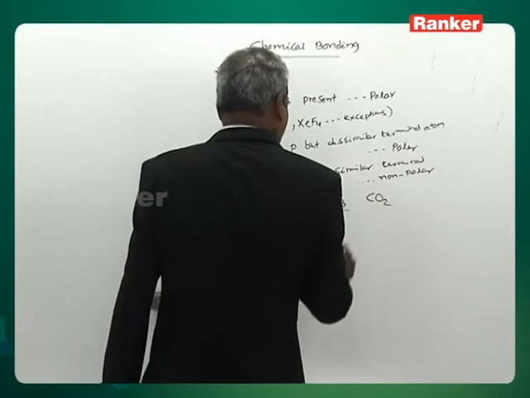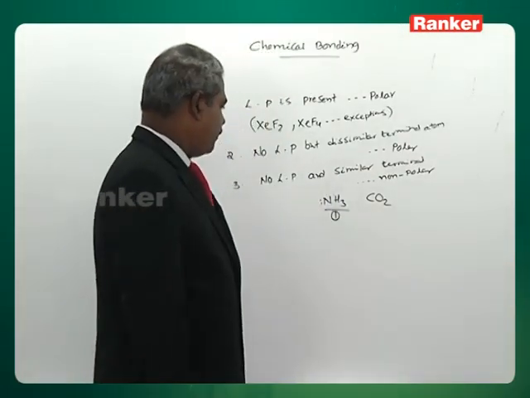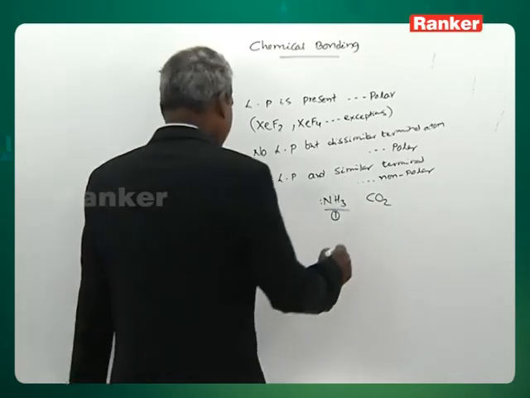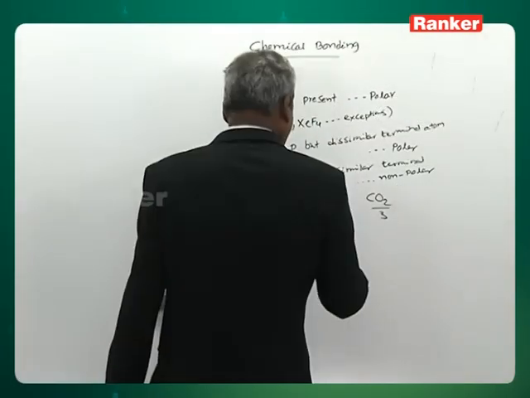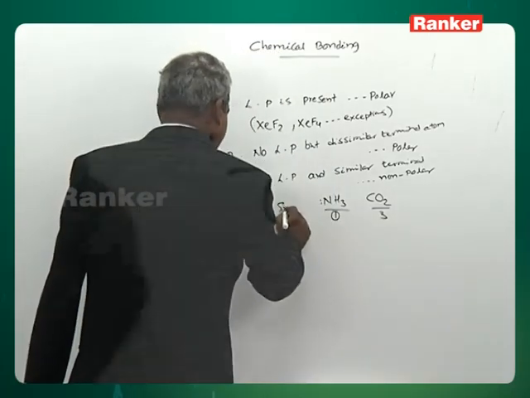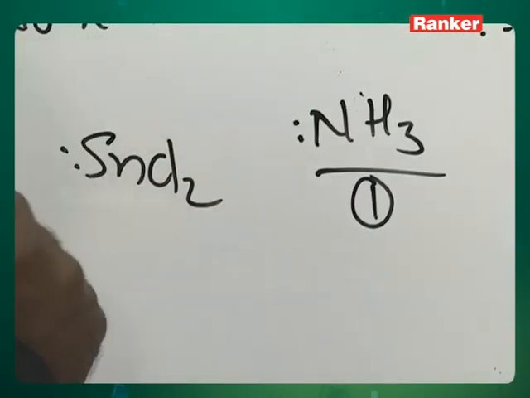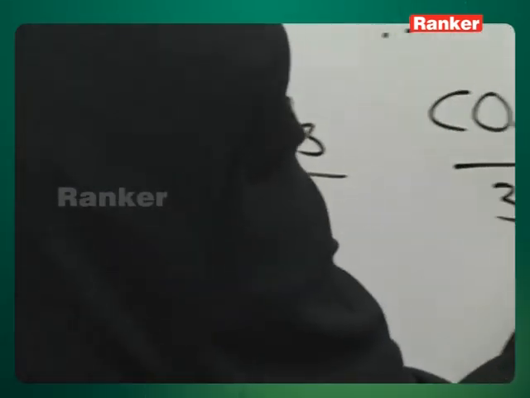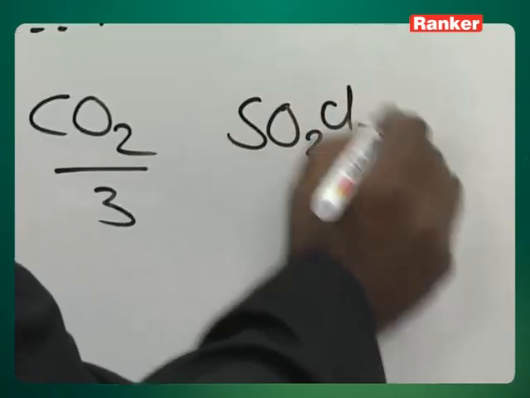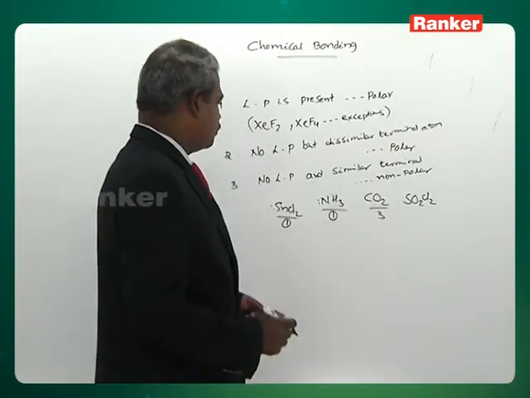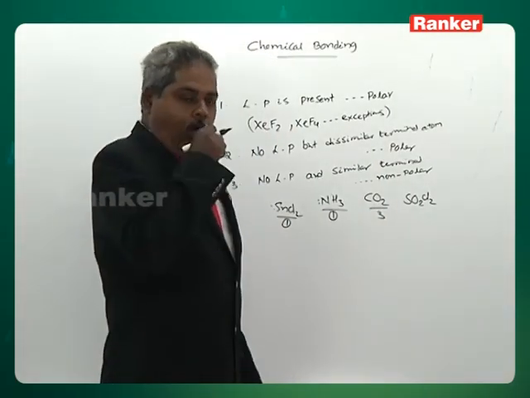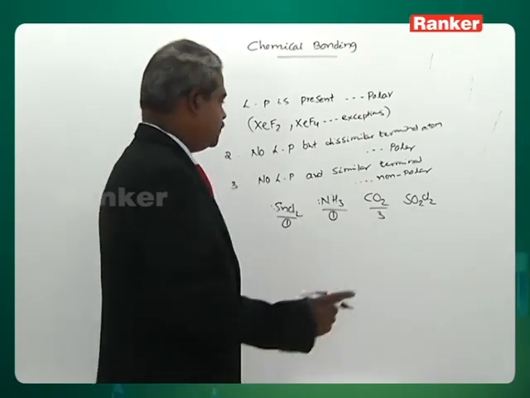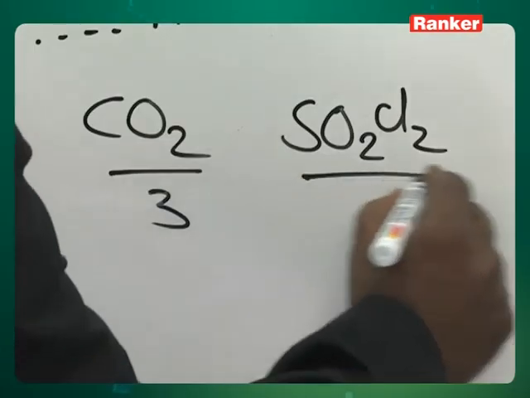CO2, carbon dioxide, there is no lone pair, and both the terminal atoms are similar, therefore it belongs to the third category, non-polar. SnCl2, lone pair is present. SO2Cl2, there is no lone pair, but polar.